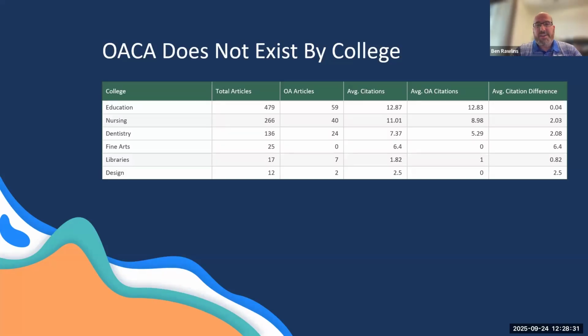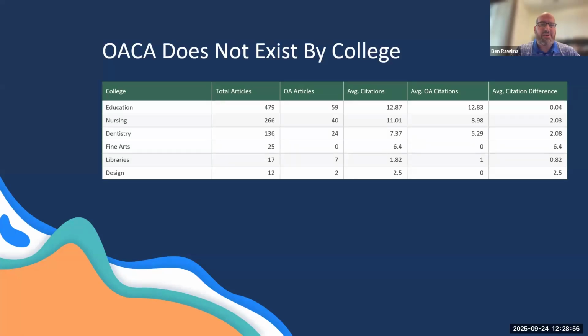In fine arts and design, the picture looks a little different. In fine arts, no journal articles were published as OA during this period. In design, only 2 articles were published as OA, and when we pulled this data, neither of those articles received any citations. I think this pattern could reflect, particularly in a few of these colleges, the very nature of scholarship in those fields.